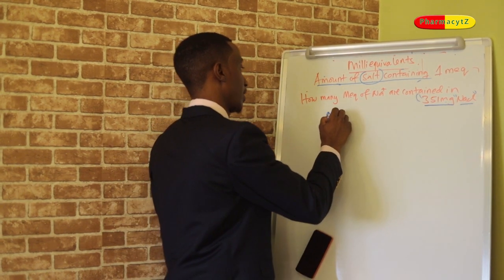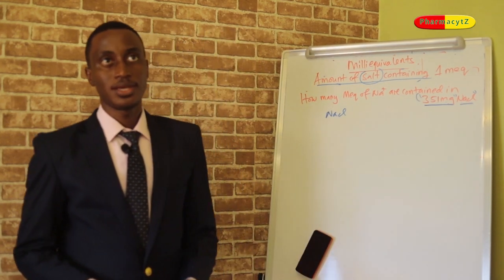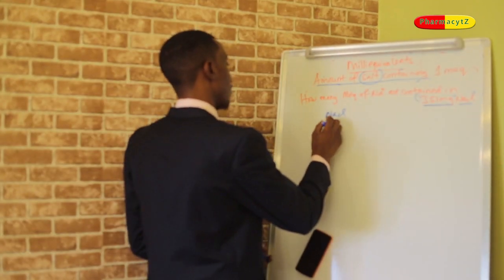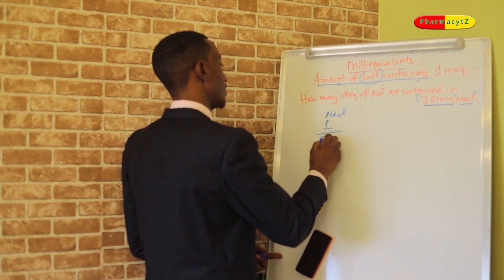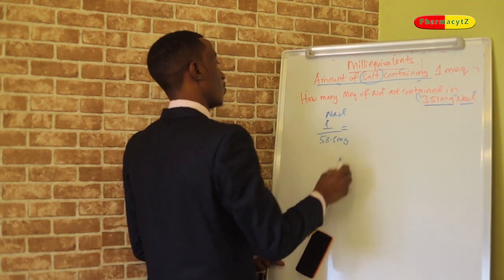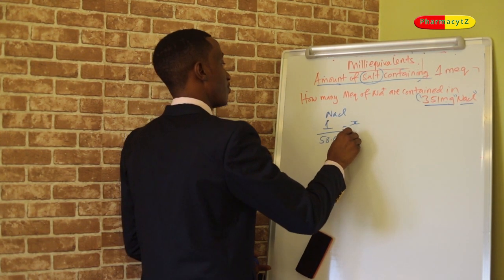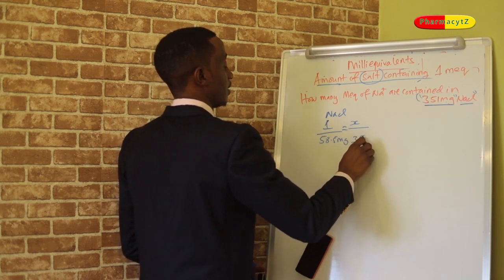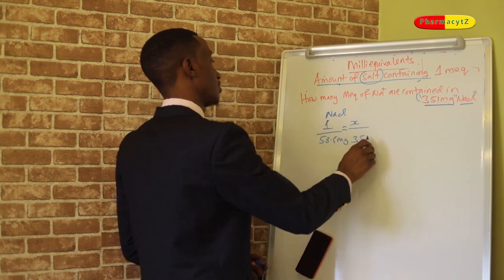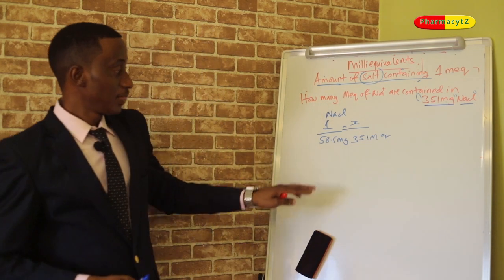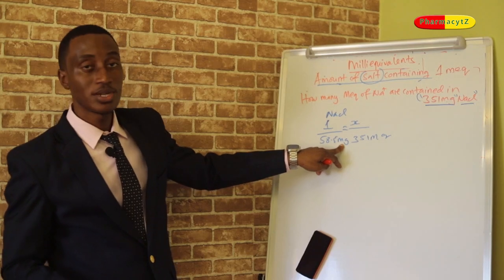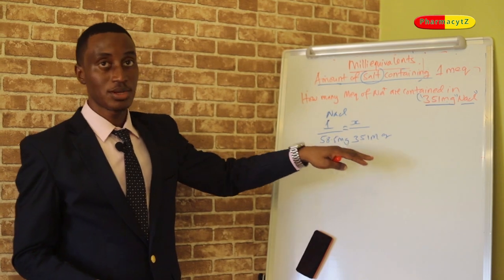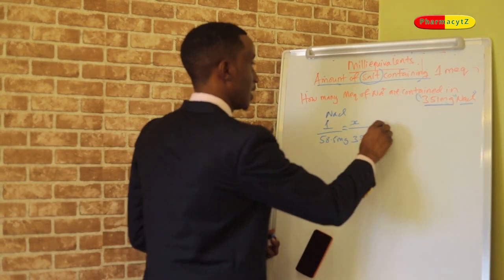How? Consider this salt, sodium chloride. How much sodium is provided by 1 milliequivalent? 1 milliequivalent of sodium chloride provides 58.5 milligrams. So how many milliequivalents can 351 mg provide? Or the other way around, if 58.5 milligrams of sodium chloride provide 1 milliequivalent, then 351 milligrams of sodium chloride provide how many MEQs?